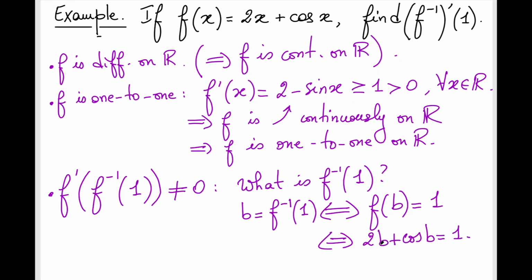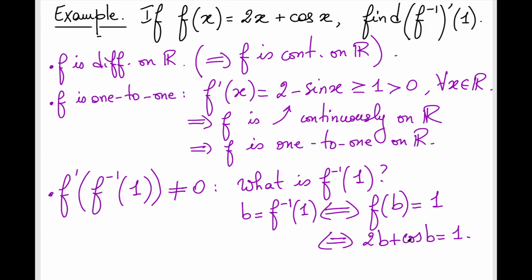Correct? Don't forget, the function is one-to-one, which means if you find such a b, that's the only b, right? One-to-one again means no image is shared by two distinct inputs. So if you find a b so that 2b plus cosine of b is equal to 1, there is no more than one b that does it.